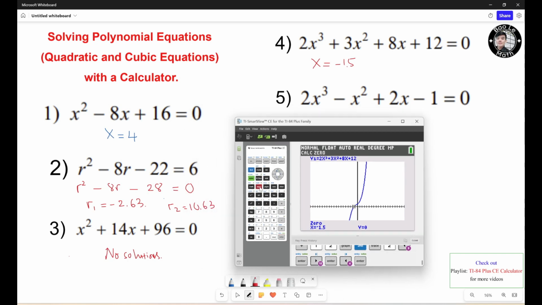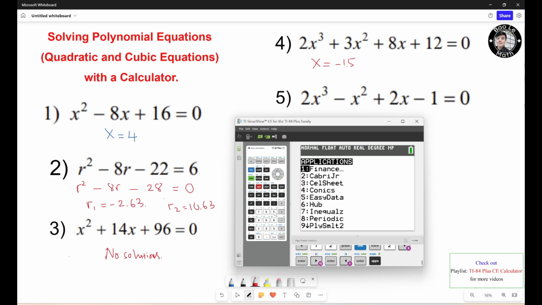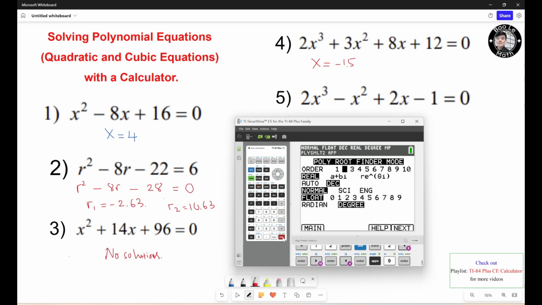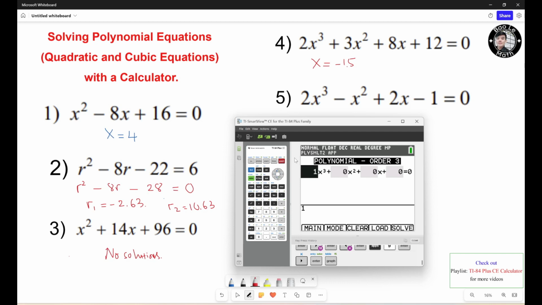So you hit apps, number 9. Number 1. Now in this situation, it's going to be a cubic equation, so the order must be 3. So you go to 3, you hit enter. Now we'll hit next. 2x cubed.